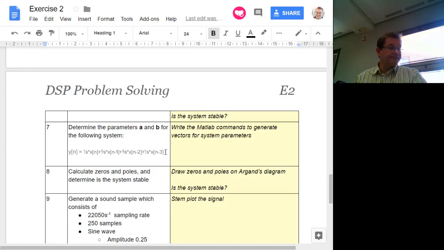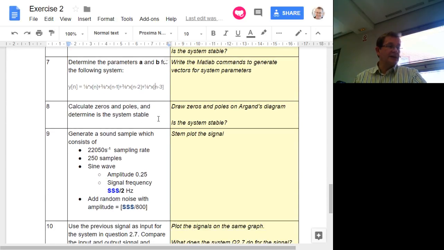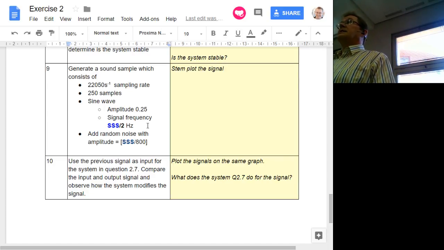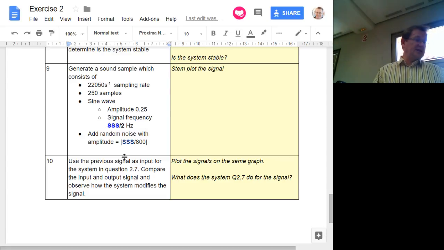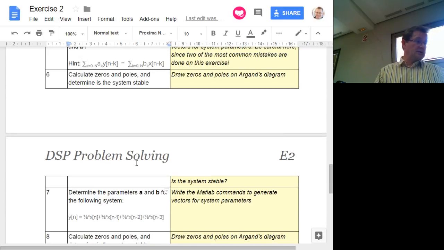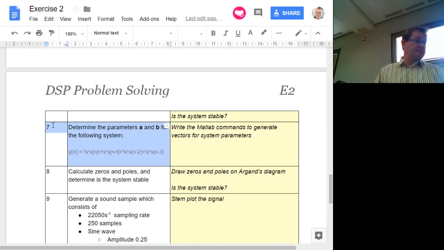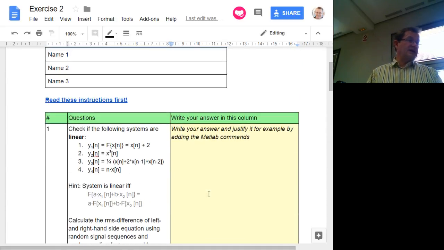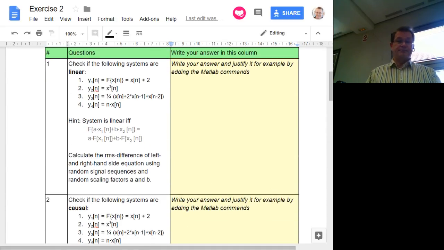Another difference equation, calculating again zeros and poles, creating a sound sample, and then running that sound sample through a system which is described in here. Okay, but let's start from the beginning, which is the stability and stuff.